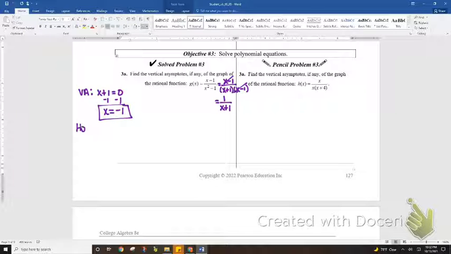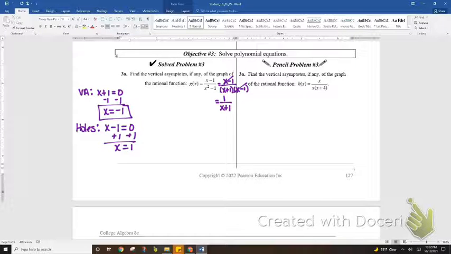Then, do we have any holes? Remember, holes are the cancelled factors of the denominator. Did anything cancel? Yes, the x minus 1 canceled. So we're going to set that equal to 0 and solve. So that means we have a hole when x is 1. But a hole is going to be an ordered pair.